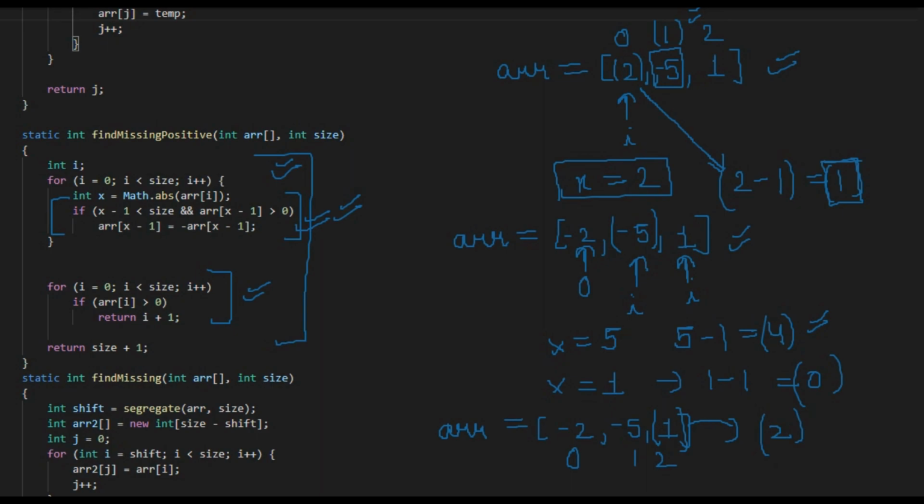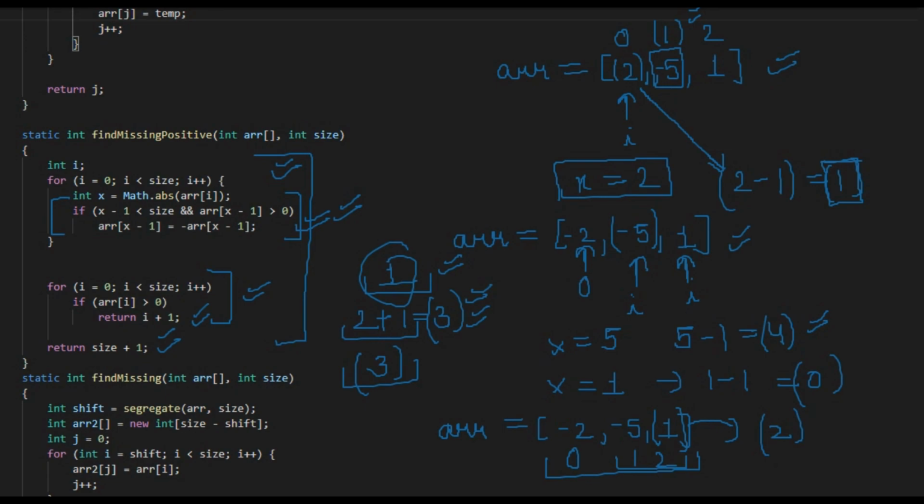So our answer will be 2 plus 1, which is equal to 3. Because in this question we know that the positive numbers start from 1. So we have to return 2 plus 1, which is 3, as the answer, because the array indexes start from 0, but the positive numbers start from 1 only. So our answer will be 3, which is i plus 1.